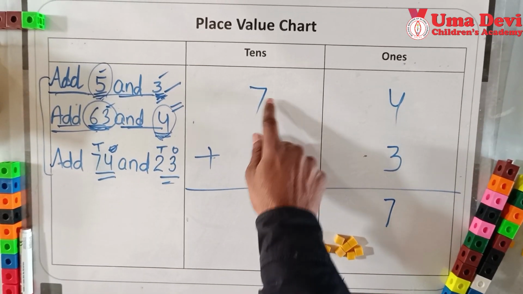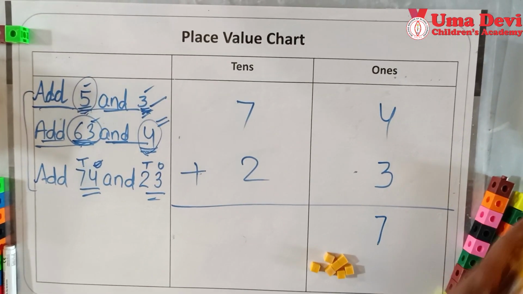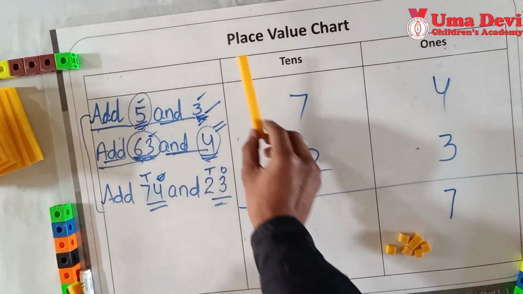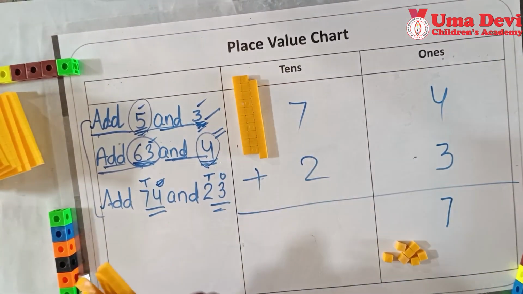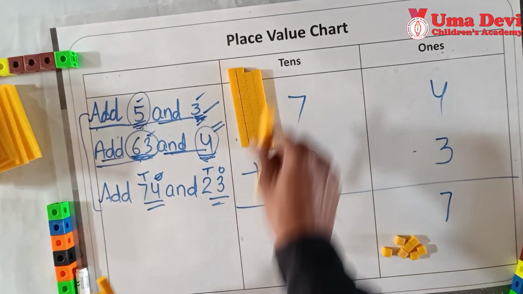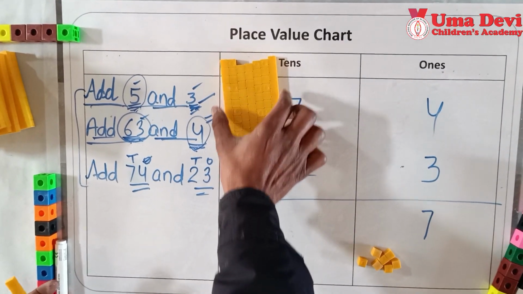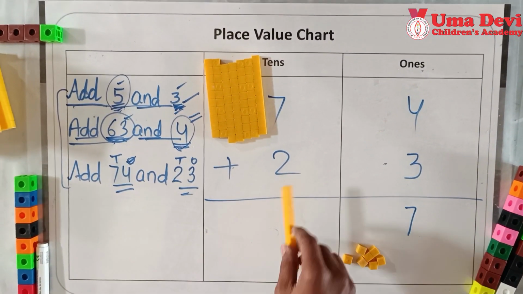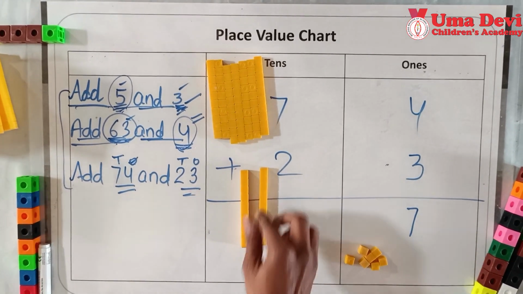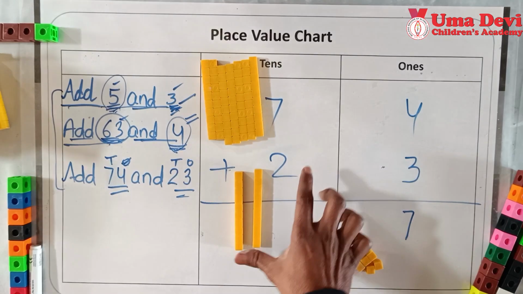Now look here, these are the 7 tens. So this is 7. So look here, I am putting here tens: 1, 2, 3, 4, 5, 6 and 7. Okay, and downside there are 2 tens here, so 1 and 2 downside. So now we have to add these numbers.